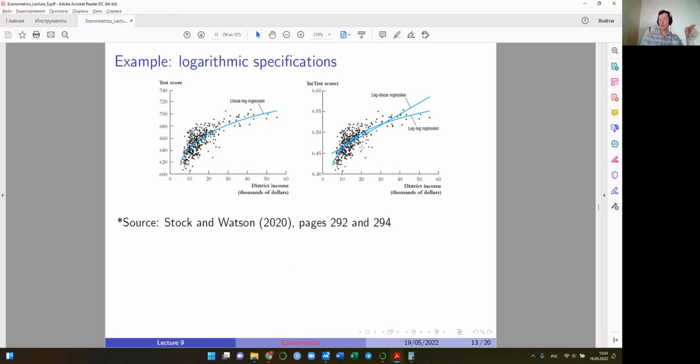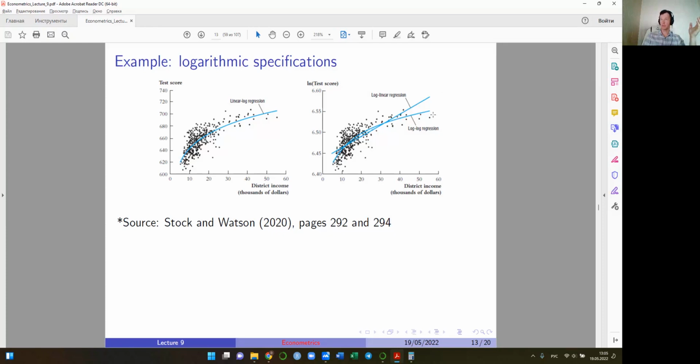On the right-hand side, on the vertical axis, we have not a test score, but the logarithm of a test score. And look what happens. If we put here the logarithm of a test score, which is the percentage change in the test score when district income changes, we have an interesting observation: the log-linear regression is a straight line, like a usual line, and it doesn't fit the data.